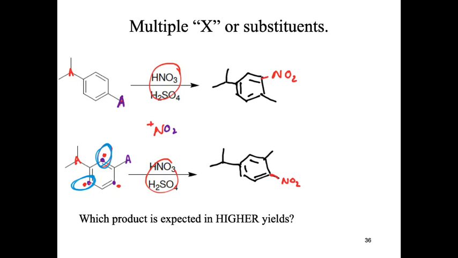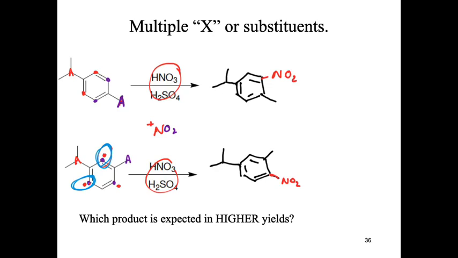The stronger activator is para. Back to Mustafa's statement, the activators are roughly the same. Why is the top one going to be less likely? They're canceling each other out. If we look at the directing effects, in the top one, they're activating different positions on the ring.